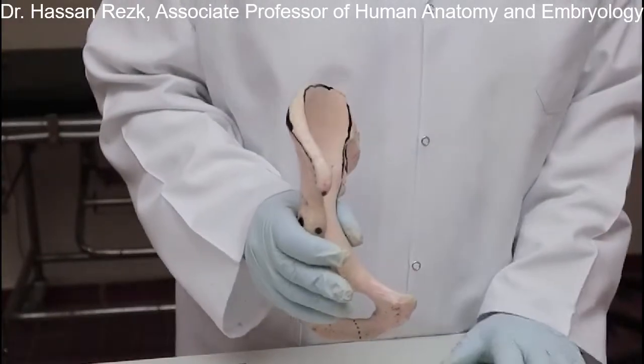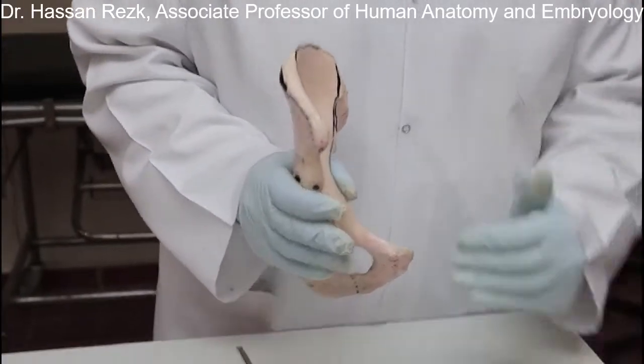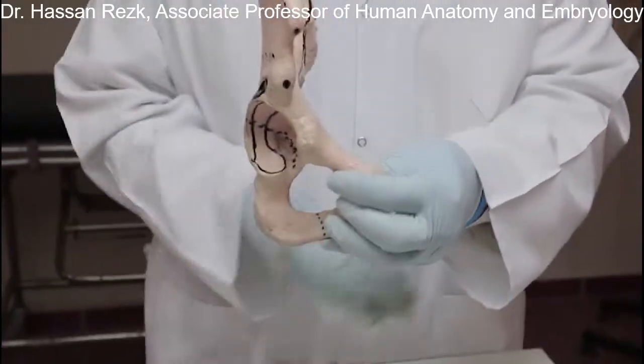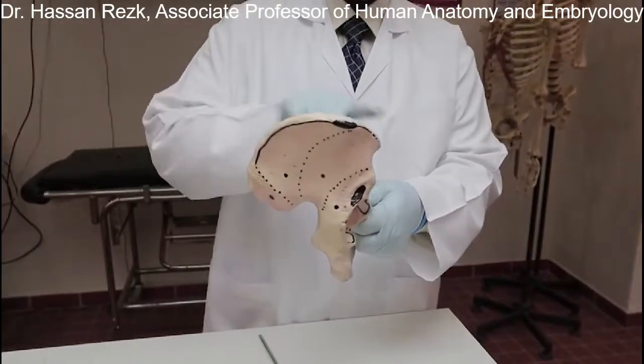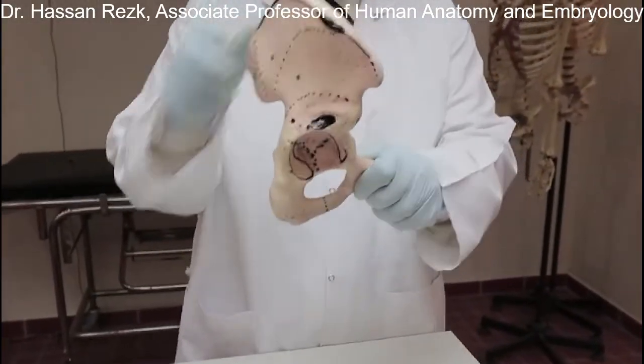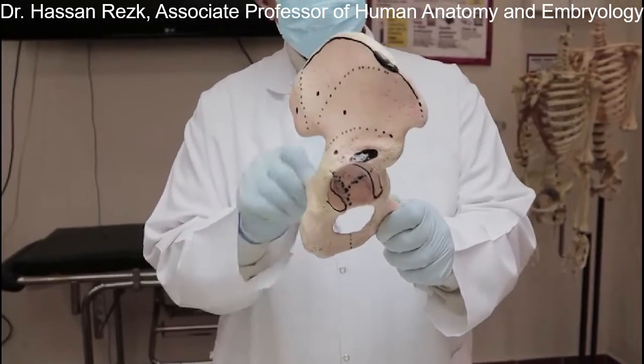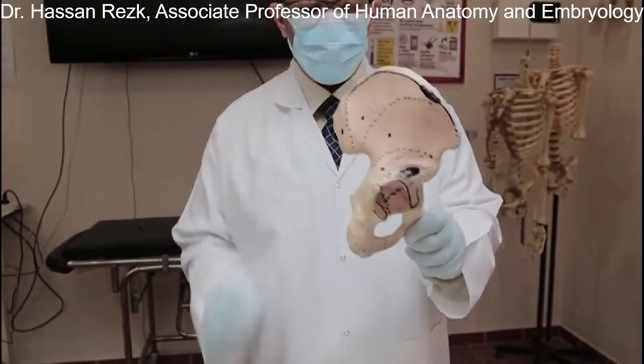So again, we can apply the three fixed rules for the side determination. Superior from inferior. Superior by the presence of the iliac crest, and inferior by the presence of this large foramen, which is known as the obturator foramen.